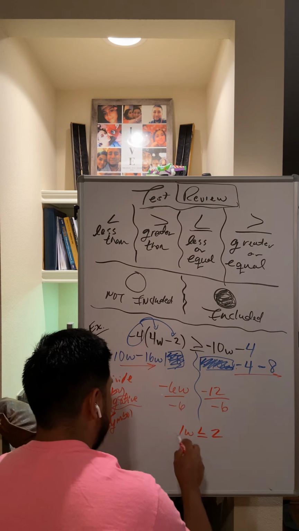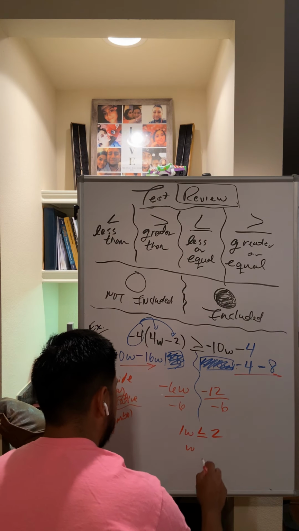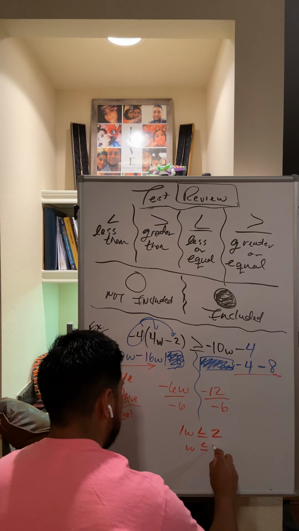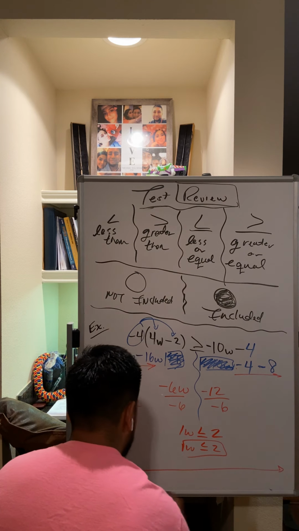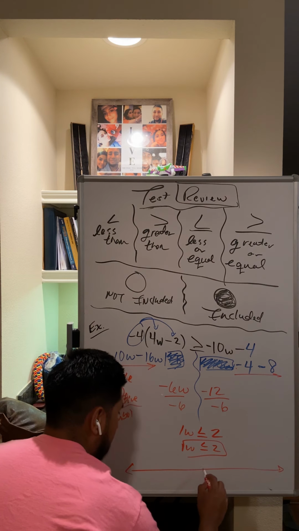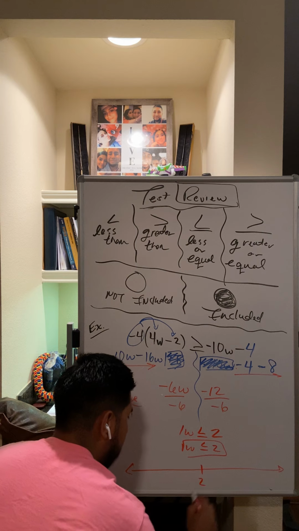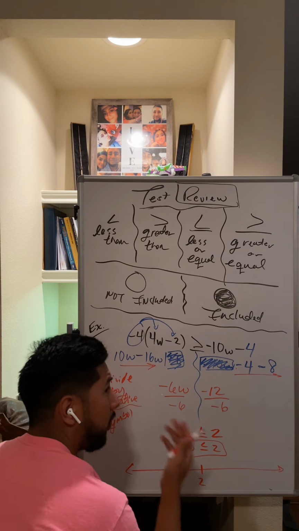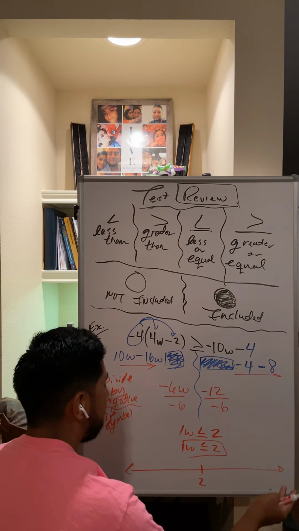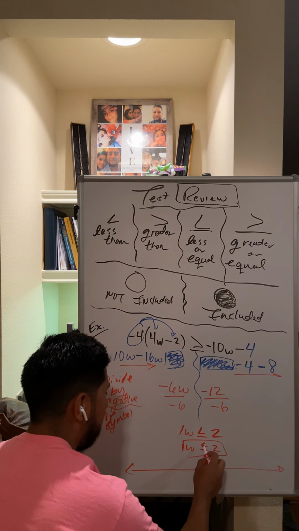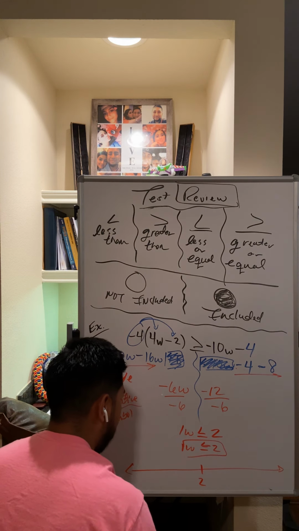After that, I don't want that 1, so just read the problem: w is less than or equal to 2. And then we do our little number line, starting with 2 in the middle. If you know less than, you should already know what's less than 2. If not, make this an arrow going that direction.